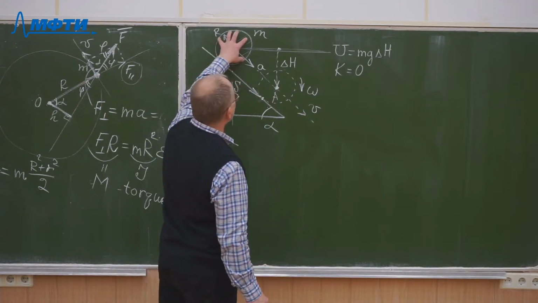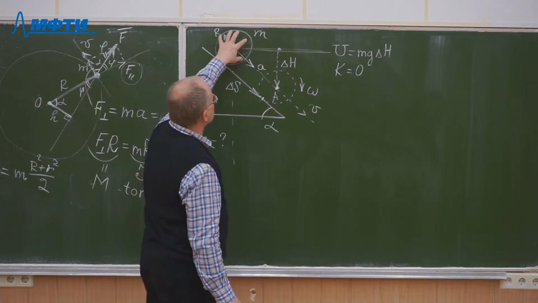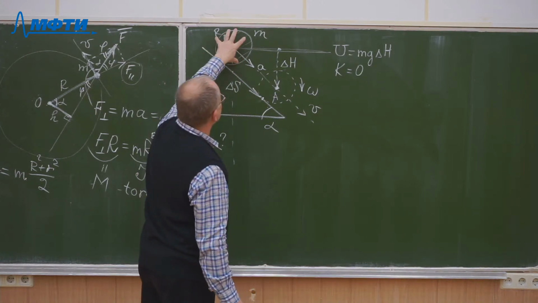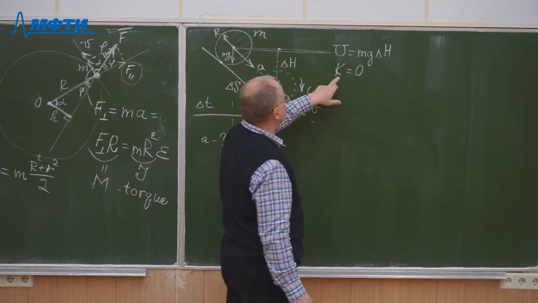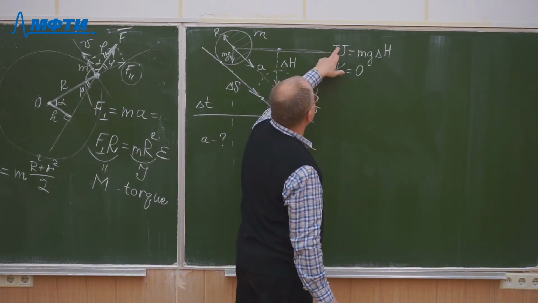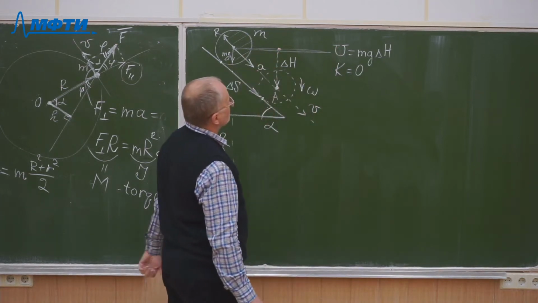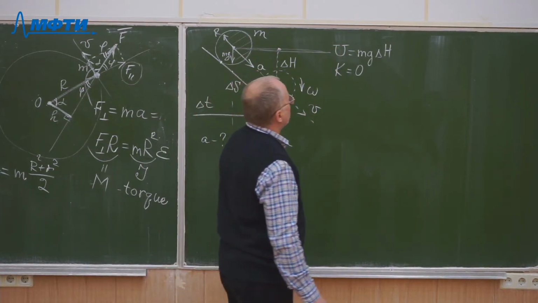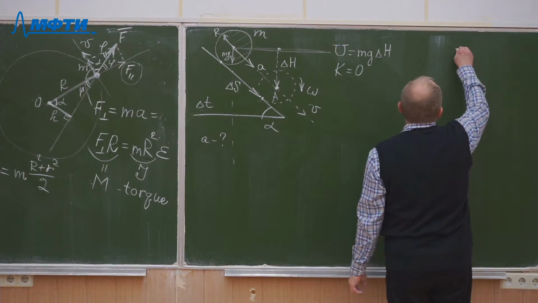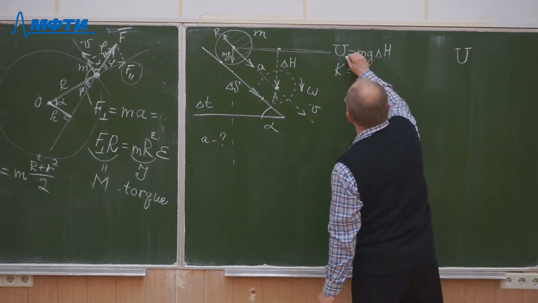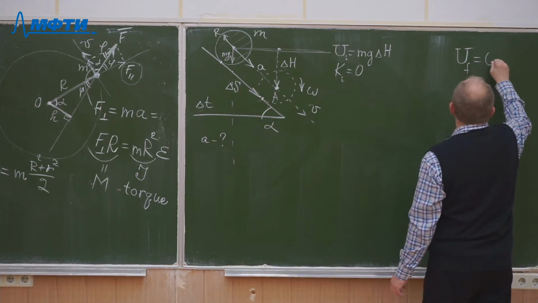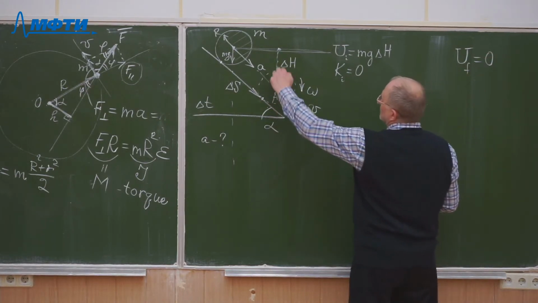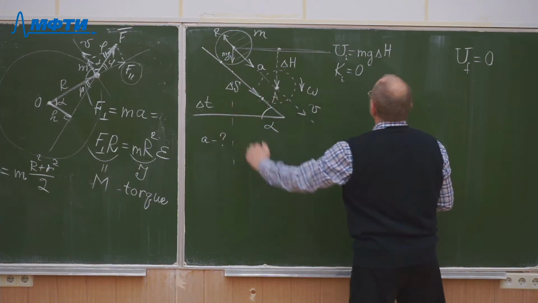Initial velocity was 0, and we allowed this disk on this cylinder to roll down without initial velocity. So initial kinetic energy is 0, but initial potential energy is mg delta h. And the final potential energy is 0 because we calculate the potential energy starting from this point.